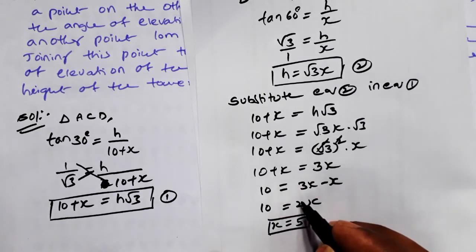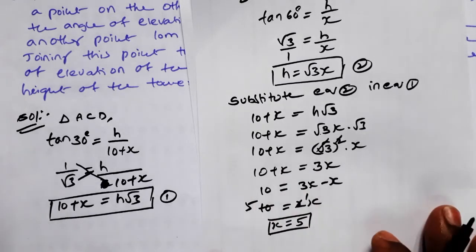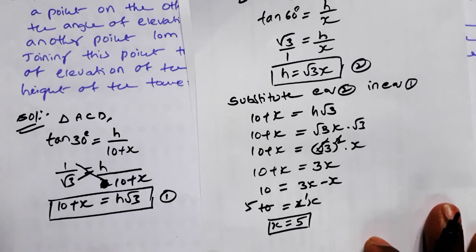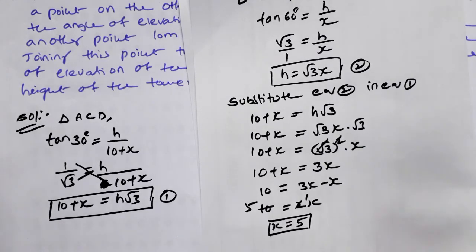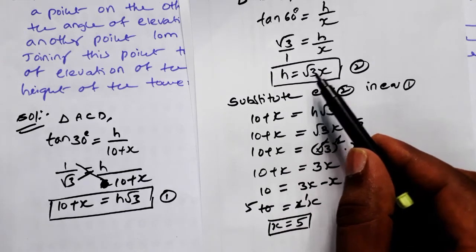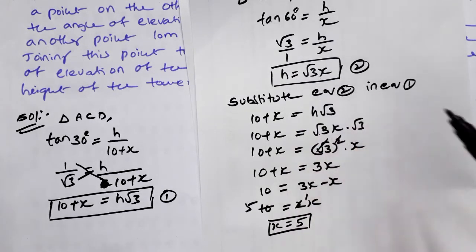We can cancel this one. 2 ones, 2 5s. X answer 5 we got. So if I get x answer 5, I can find out some answer. Yes, observe here. H is equal to root 3x.